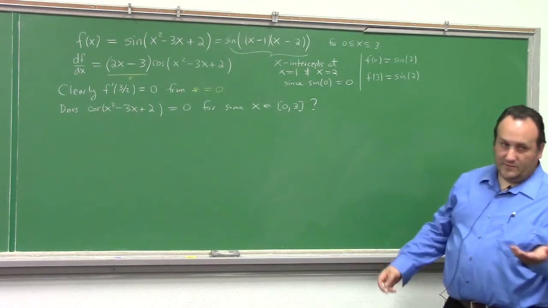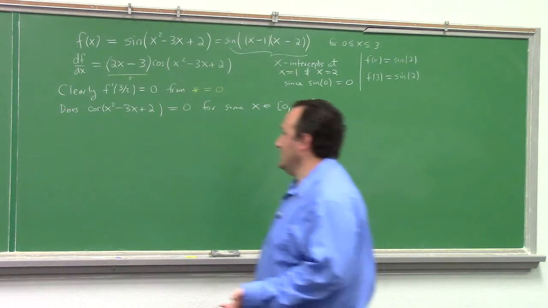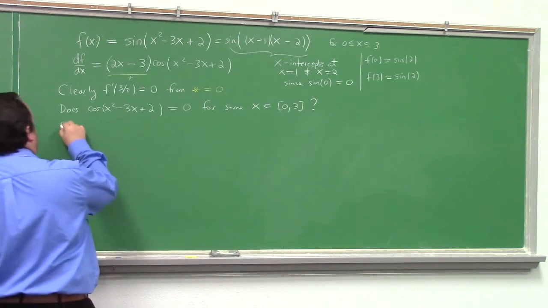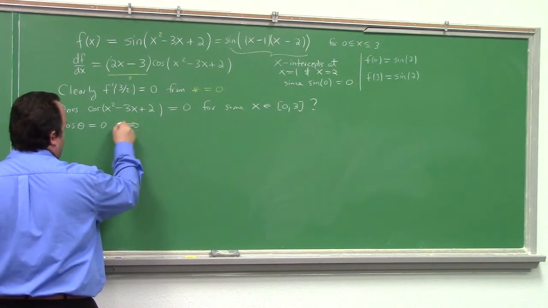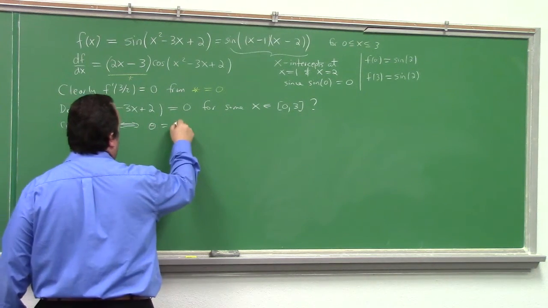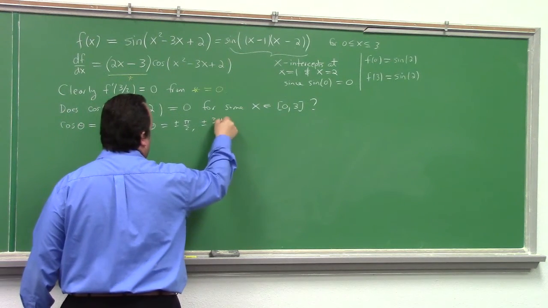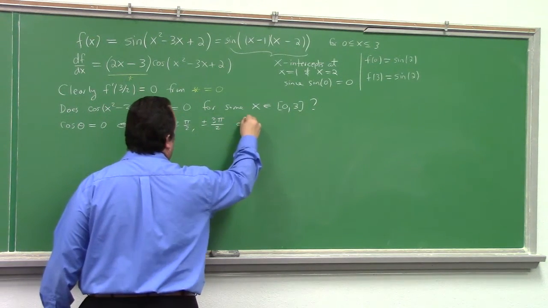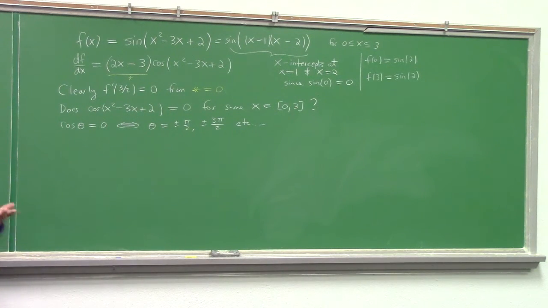So when is cosine 0 is my question, really. You have to think back to trigonometry, right? We know that cosine of theta equals 0 if and only if theta is equal to plus or minus pi over 2, or plus or minus 3 pi over 2, etc. There's infinitely many thetas which can make cosine of theta 0.